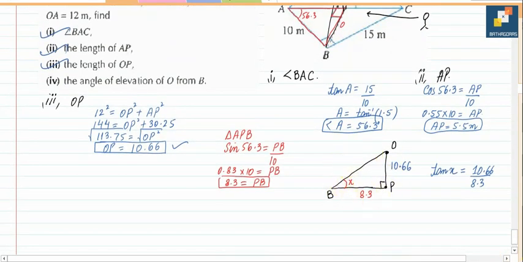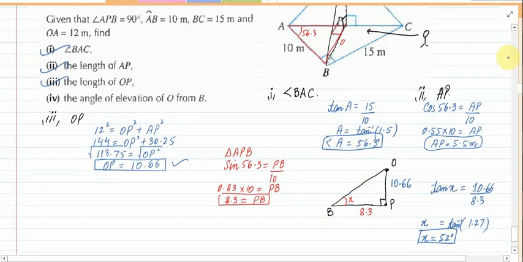That is very important. Now it will be 10.66 divided by 8.3, it's 1.27. For X you need to take tan inverse. So the tan inverse is 51.9, and I am going to write 52 degrees. So that is the angle of elevation of P from B.